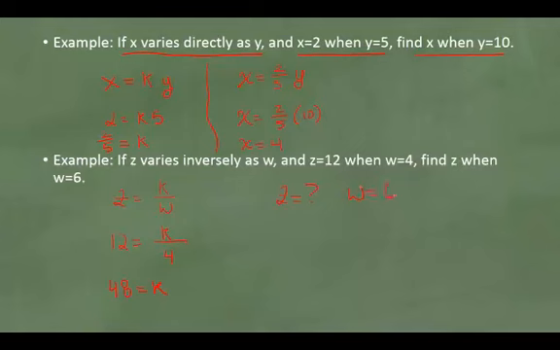We're going to write down our equation again. We know that z varies inversely as w, so we know z is equal to k, which is 48, over w. So find z when w is equal to 6. 6 goes into 48 8 times. And we're done.